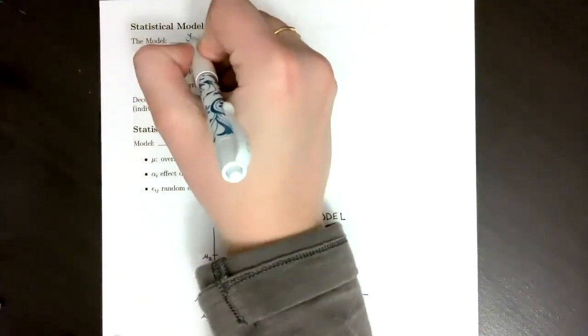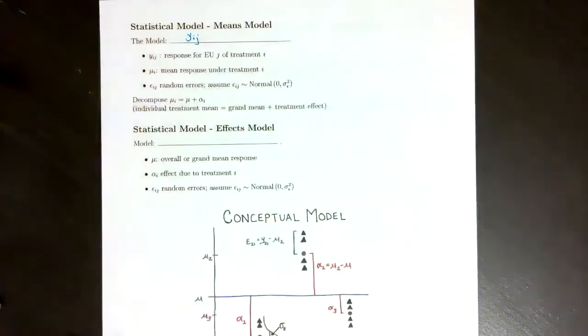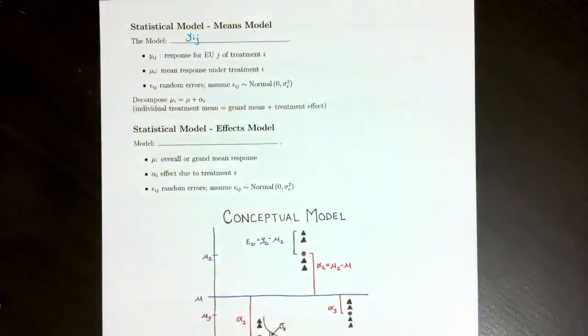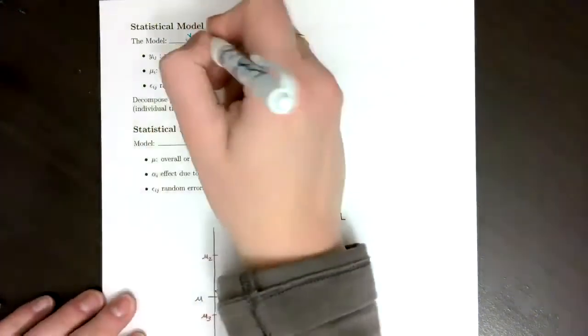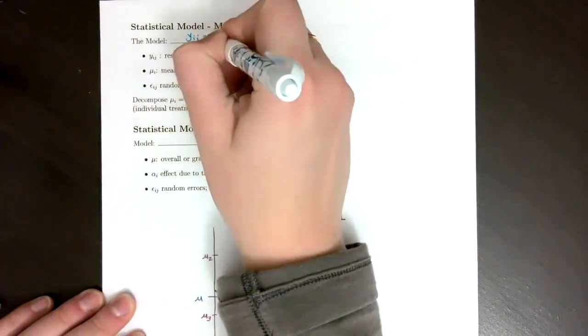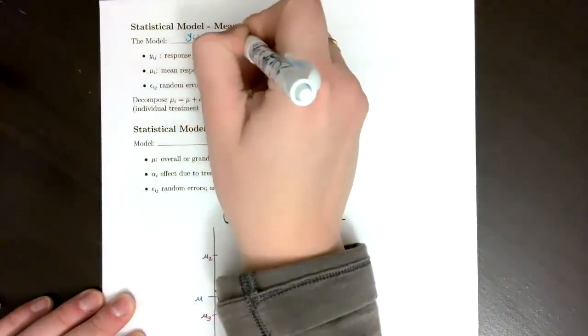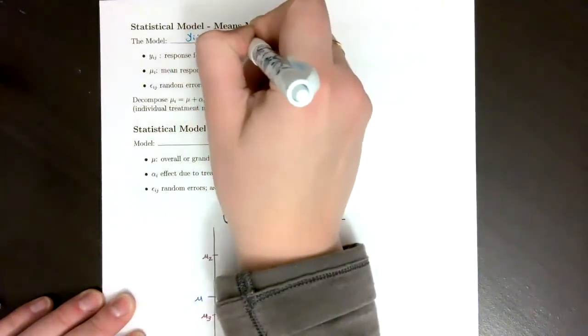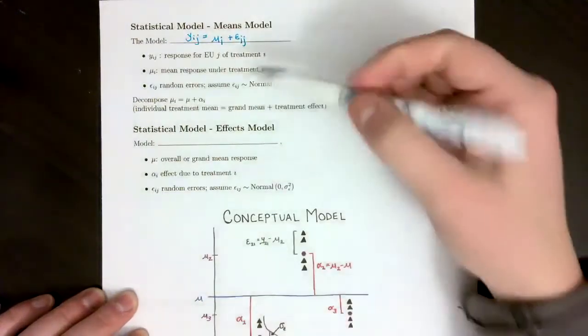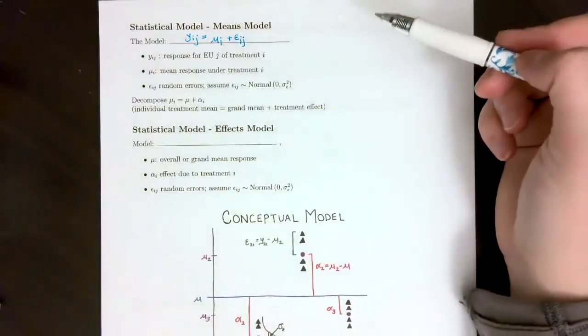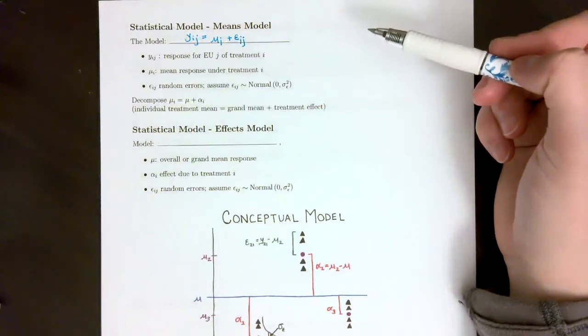And so something that you probably saw in Stat 5615 was this model, where we have Y_ij, which is going to represent our response. So in the highway example, that's the percent decrease in reflectivity, and it is going to be equal to mu_i plus epsilon_ij, where mu_i is going to be our mean response under treatment i.